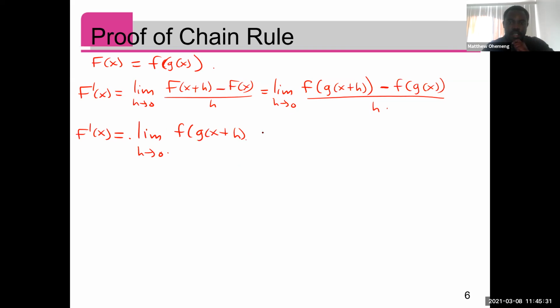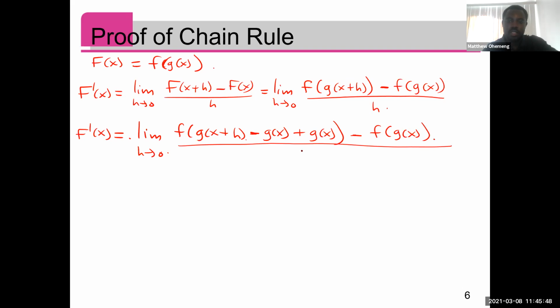And then if I add, so let me add minus g of x, and then plus g of x. Then minus f of g of x, all over h. Do you agree with this? Are you okay up to this point?